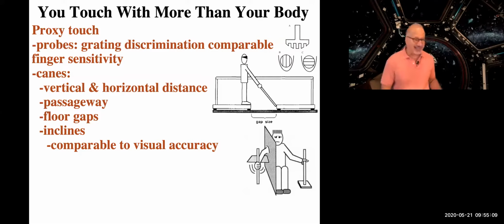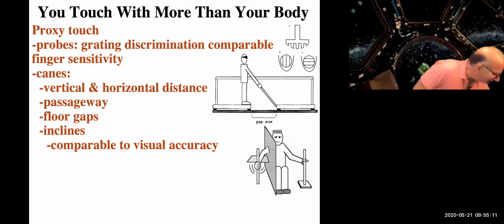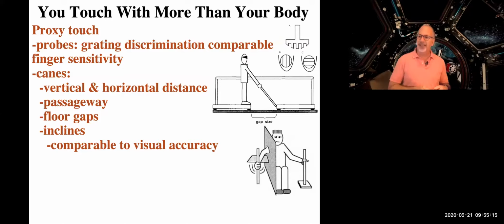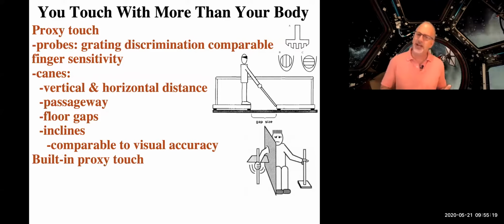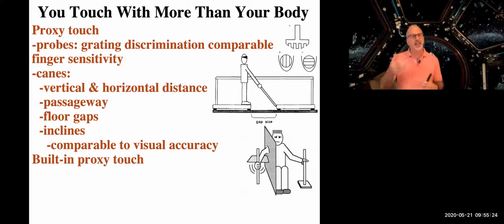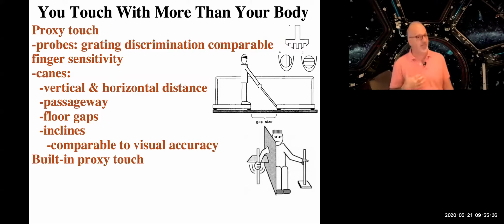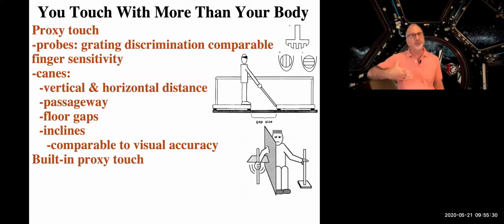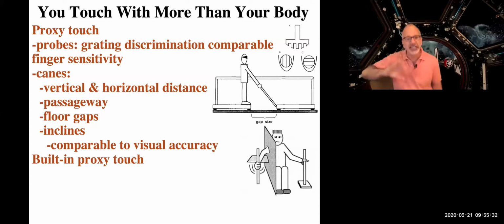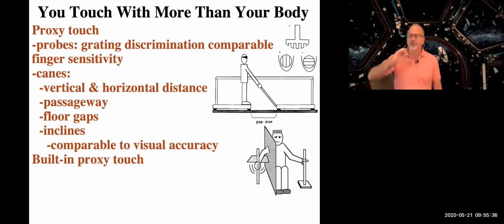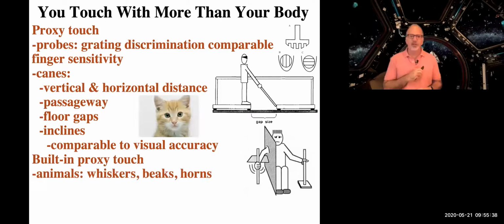And actually, this is an area that's discussed a lot and studied often when it comes to animals. So we're talking about here built-in proxy touch, which is the type of proxy touch which occurs when an animal has something on their body, including us, that can be used as a tool to feel something that our skin is not touching. Okay, so for example, whiskers.